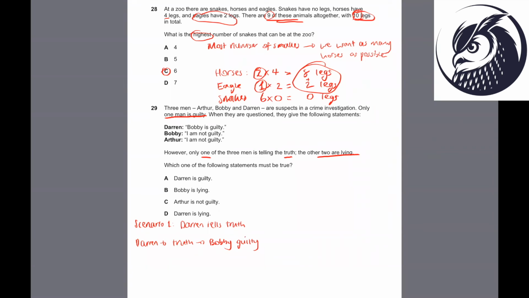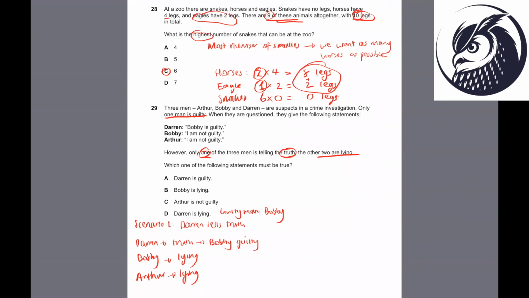So I might just write here, guilty man, Bobby. Now, if Darren is telling the truth and only one of them is telling the truth, that means the other 2 must be lying, right? So that means Bobby and Arthur both have to be lying. And what we have to do is make sure all this information comes together and makes sense.